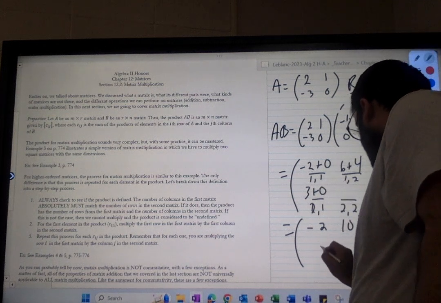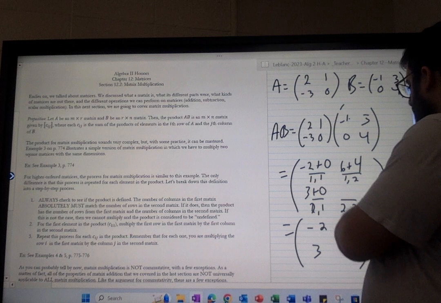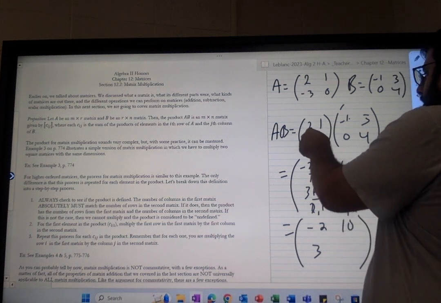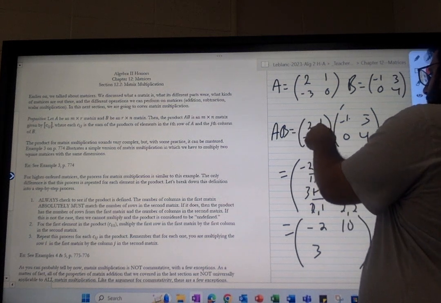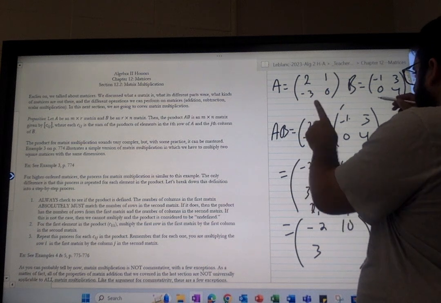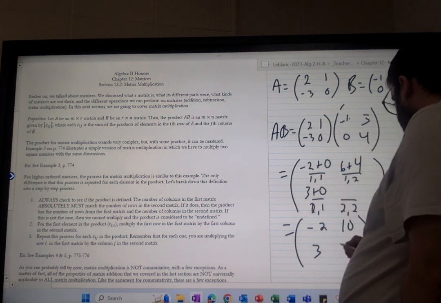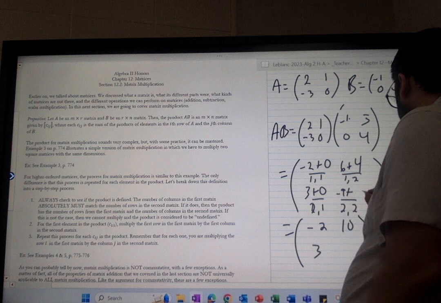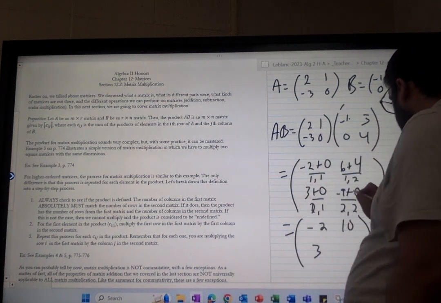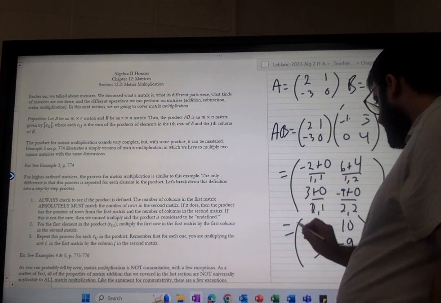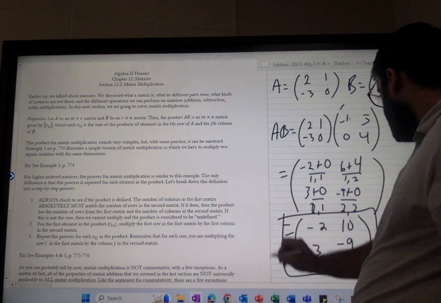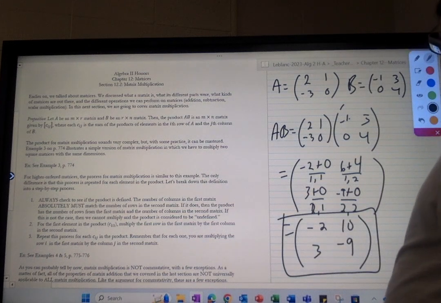And that ends up being 3. And then our last space, second row, second column: second row in A times second column in B. So negative 3 times 3 is negative 9, 0 times 4 is 0, and that just gives me negative 9. And there's my product.